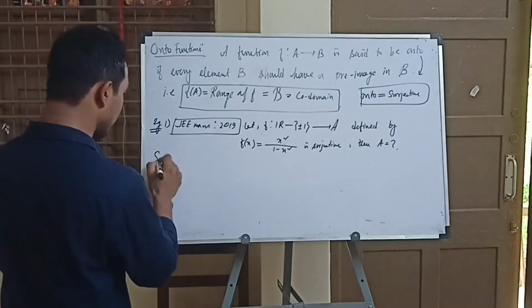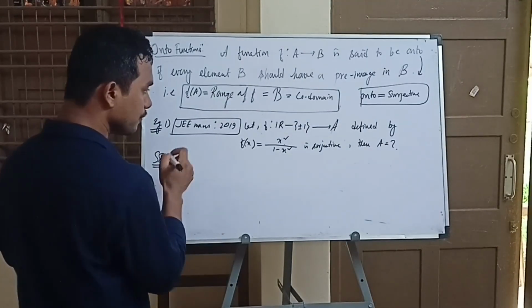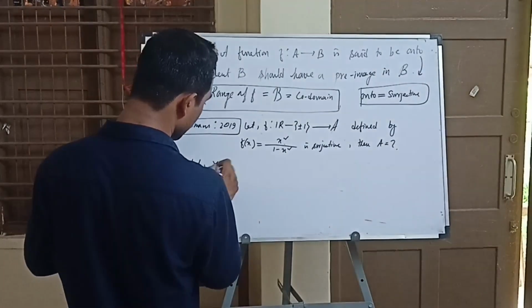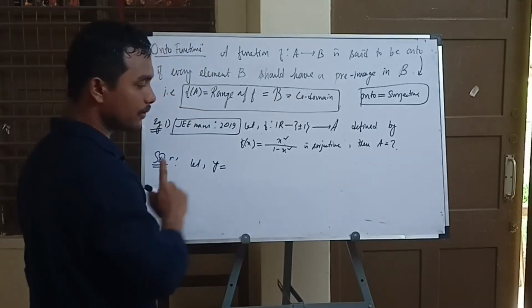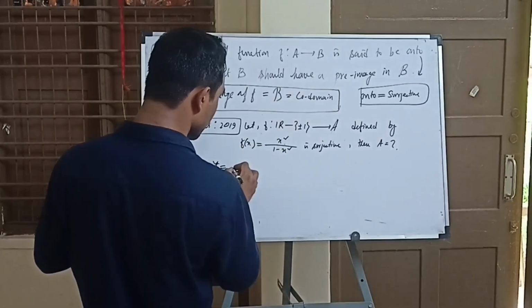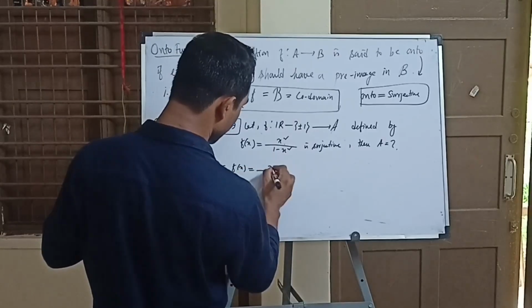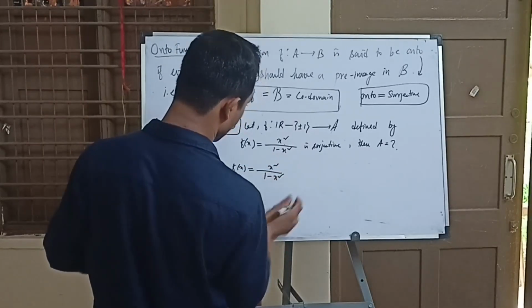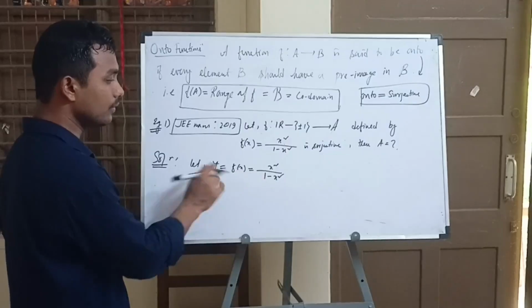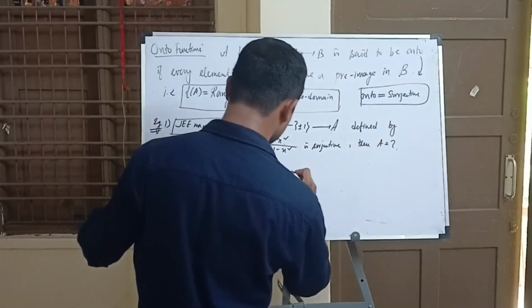Okay, we'll find the range. How can you find the range? Let y equal to f of x equal to x square over 1 minus x square. We'll find the value of x here. Correct?